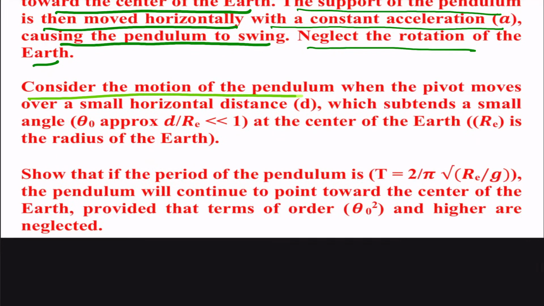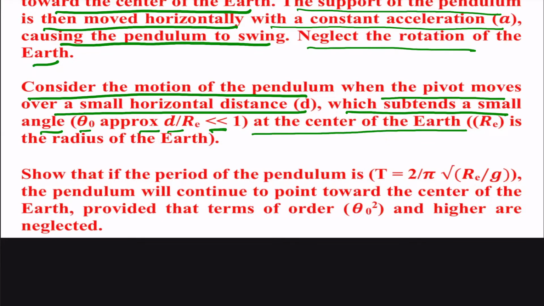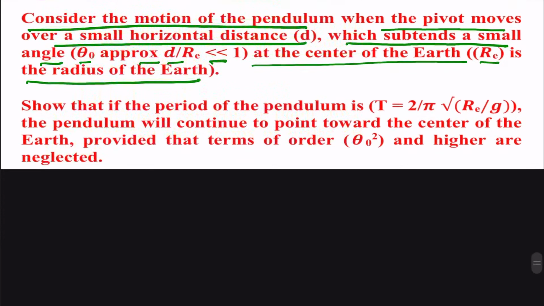Consider the motion of the pendulum when the pivot moves over a small horizontal distance d, which subtends a small angle theta naught, approximately d upon Re, which is much less than 1, at the center of the earth, where Re is the radius of the earth.